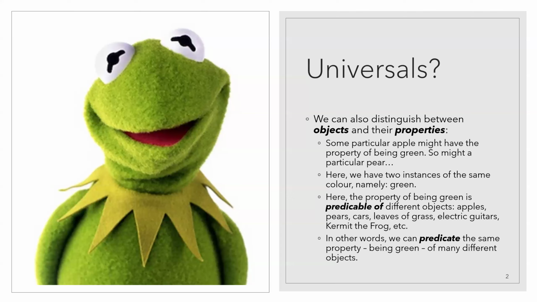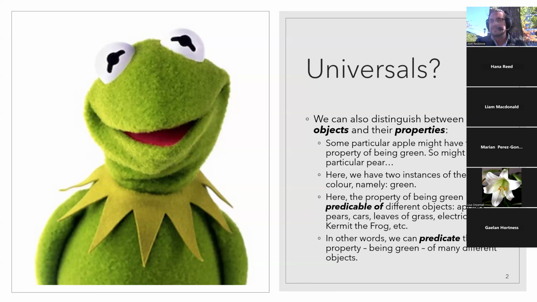So we can say of these properties, in this case green, that properties are predicable of different objects. So I can say that apples, pears, avocados, cars, certain Muppets like Kermit the Frog here, leaves of grass, etc. Any green object or any green thing can instantiate a property, in this case, green.